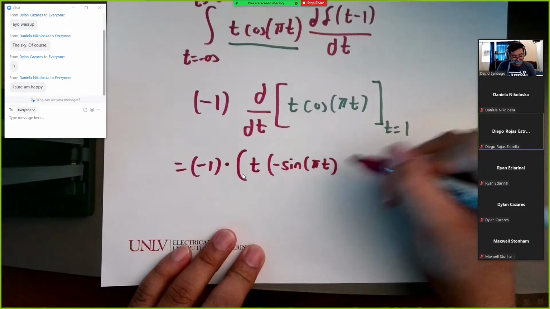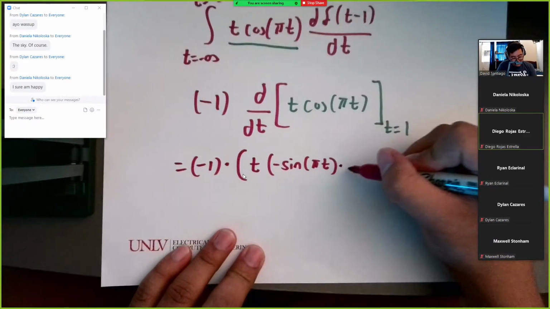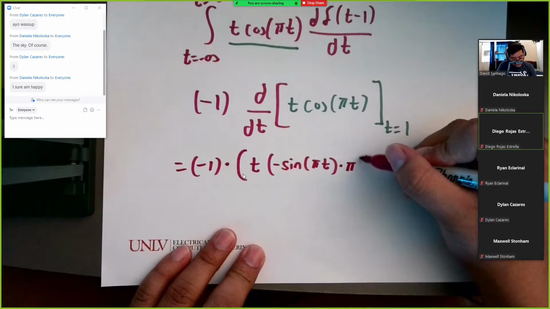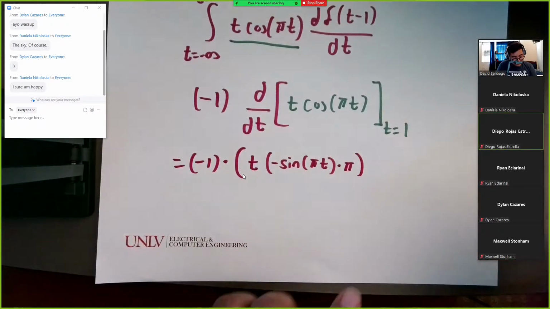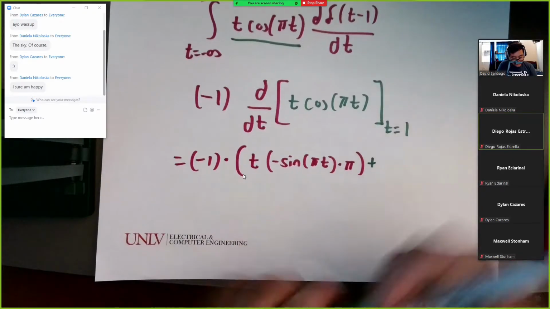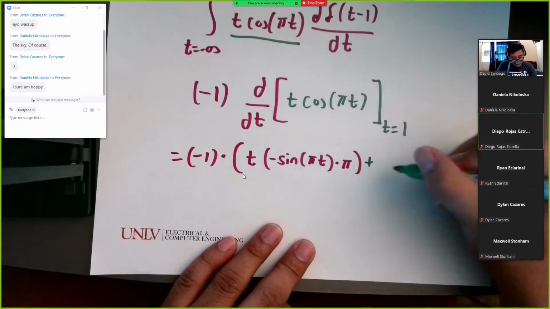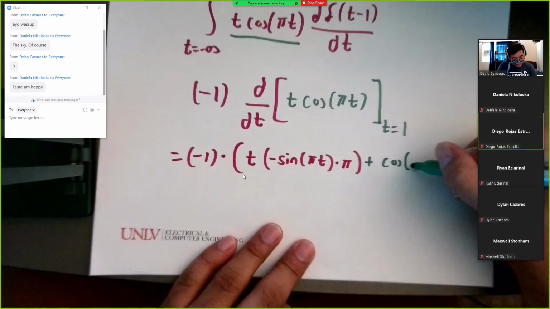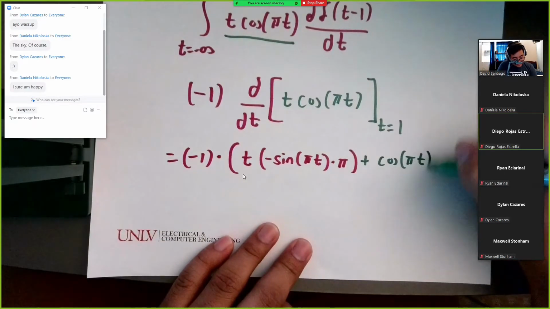However, remember the chain rule, times pi. There you go. And let's do plus cosine pi t, and then the derivative of t is just 1.